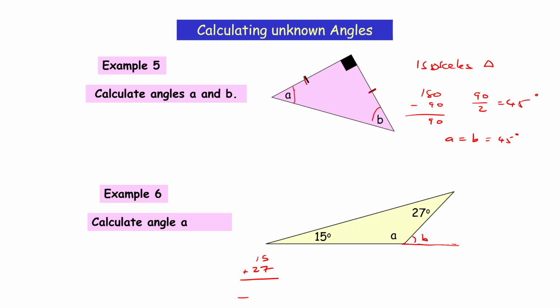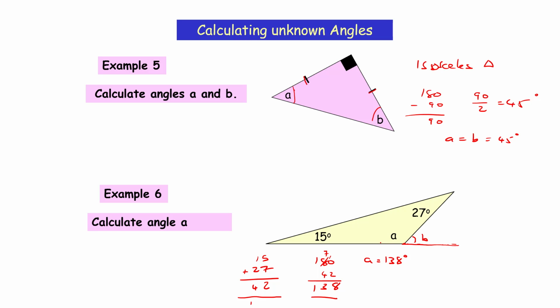If I add those two together, I get 2, carry 1, 42 degrees. And I take it away from 180, take away 42. I've got to borrow from the 8, it goes down to a 7. 10 take away 2 is 8, 7 take away 4 is 3, 138 degrees. So A is equal to 138 degrees.